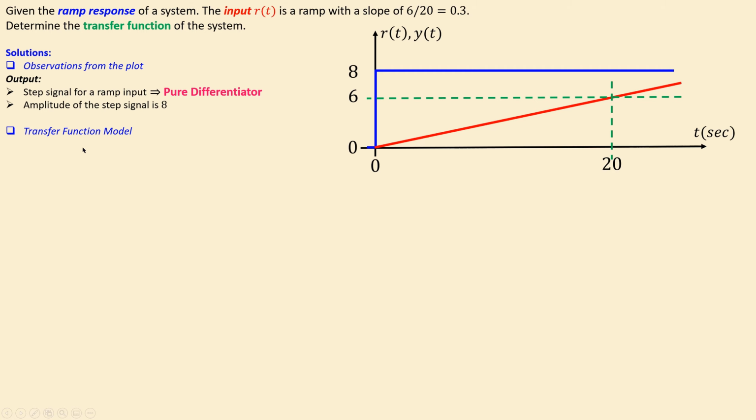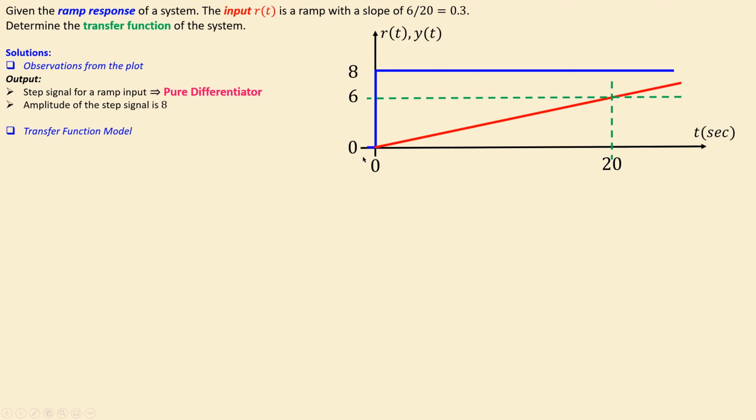Before we move on to this one, let's make another note. Why can't we use a step input for this pure differentiator? If you do a step input, so consider that this blue line was the input, then if I want to calculate what the response is, since this slope is infinite, differentiating that means that you have an infinite slope.